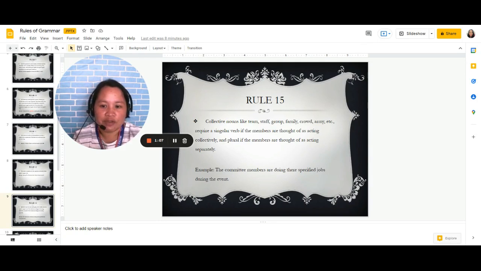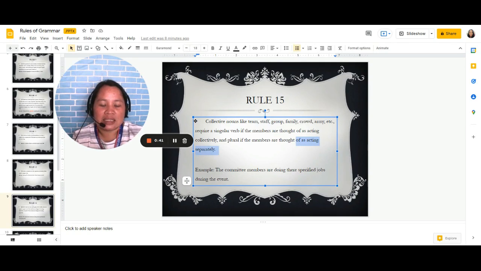Alright, next, rule 15. Collective nouns like team, staff, group, family, crowd, army, etc. require a singular verb if the members are thought of as acting collectively, and plural if the members are thought of as acting separately. So I have chosen to give the example for this one, acting separately.